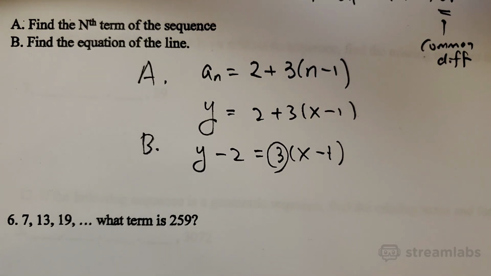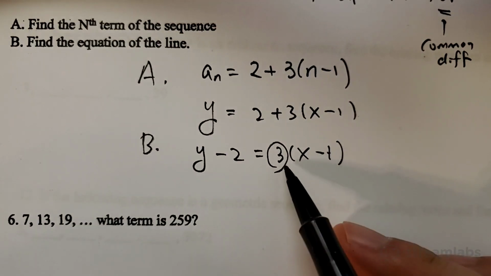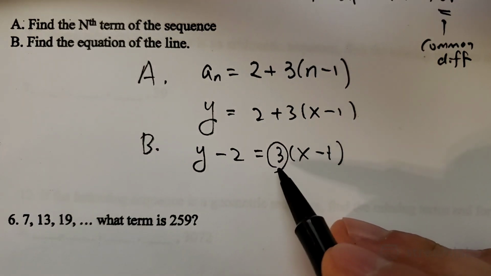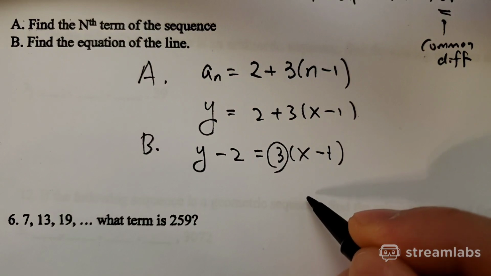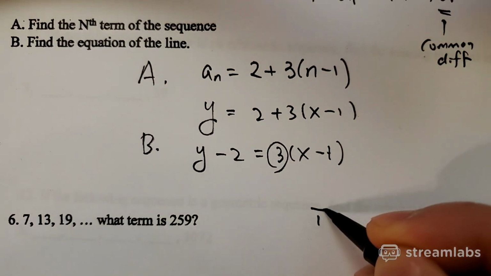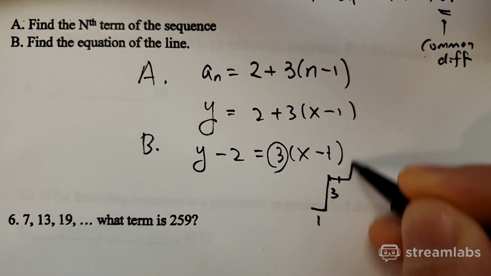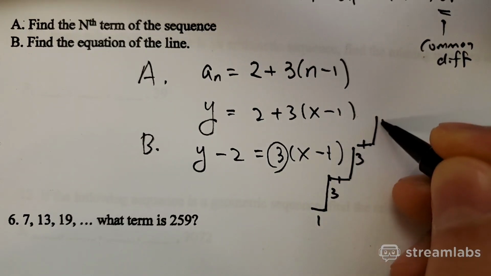This is because your point slope is basically your difference, because what you're doing right now is you're increasing a term and you add 3. Increasing a term, you add 3.